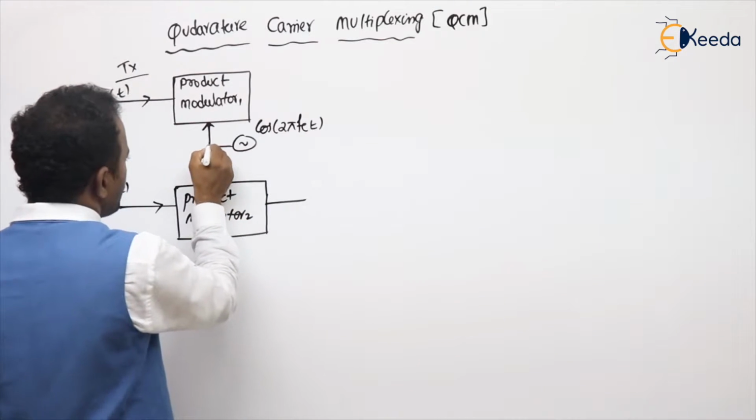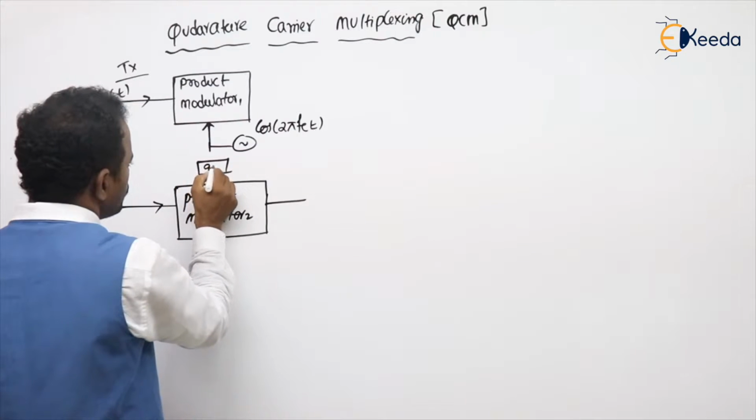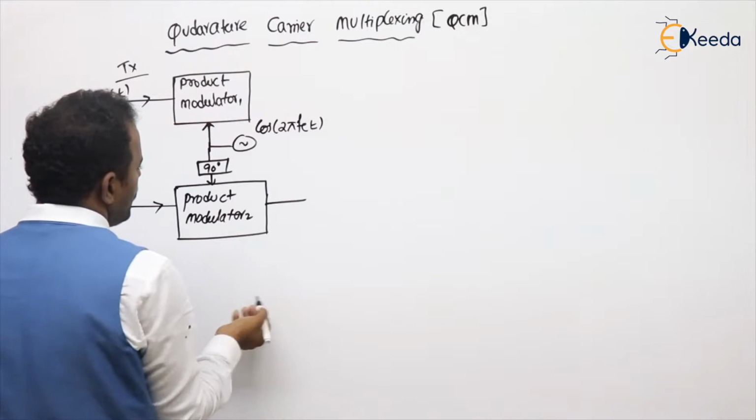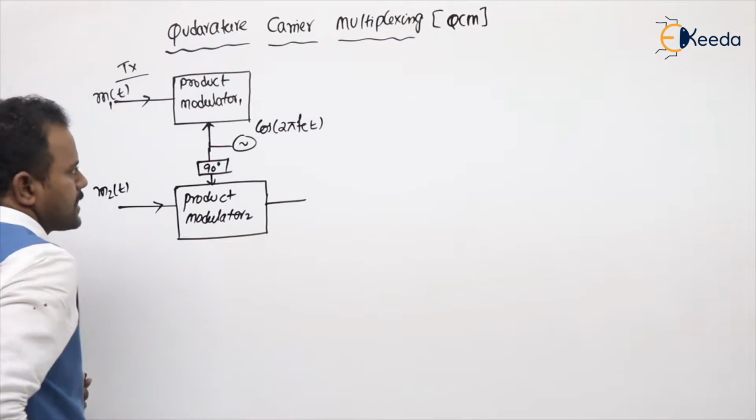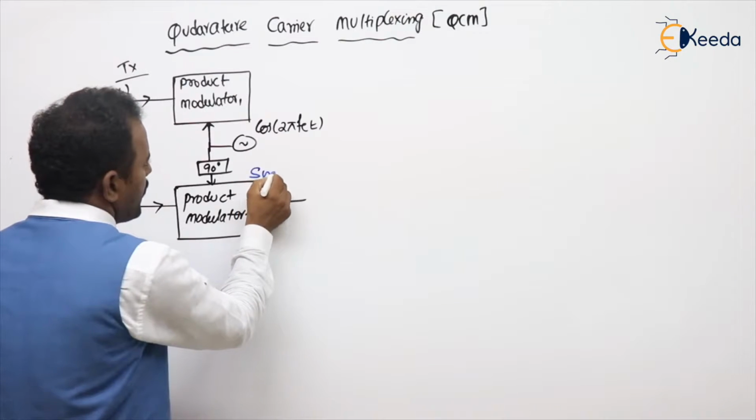For this one, we are giving the carrier with 90-degree phase shift. What will come? 90-degree phase means the cos we gave above becomes sine here. So sine 2 pi fct.